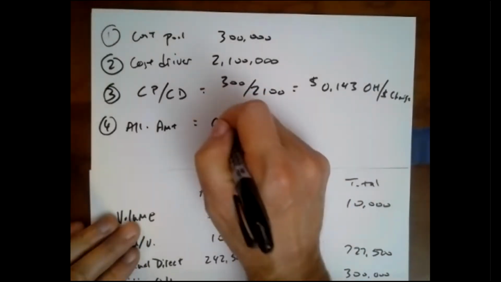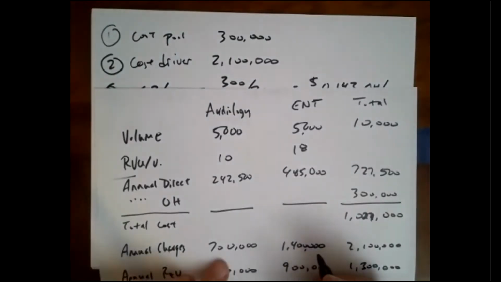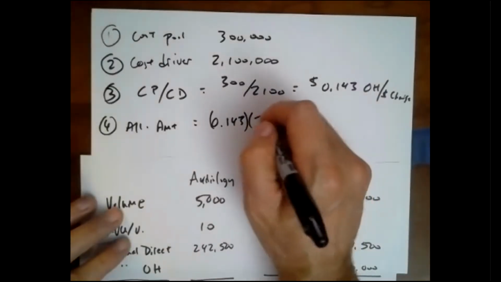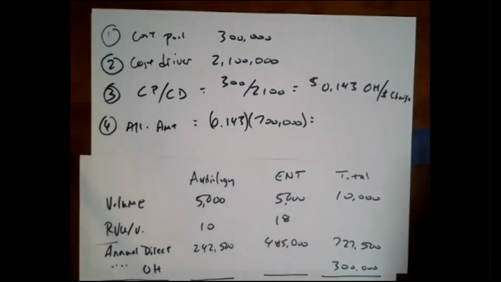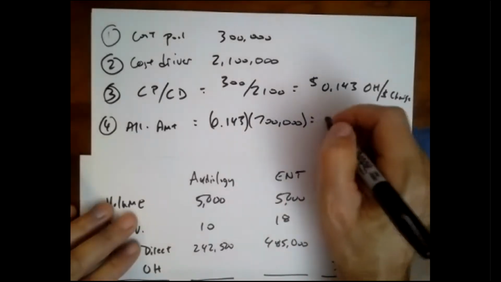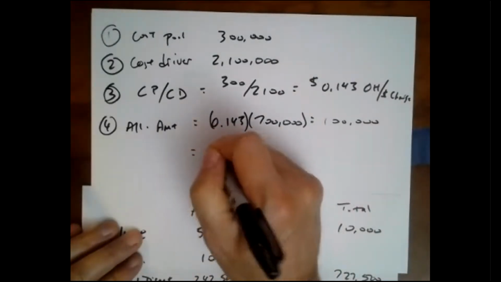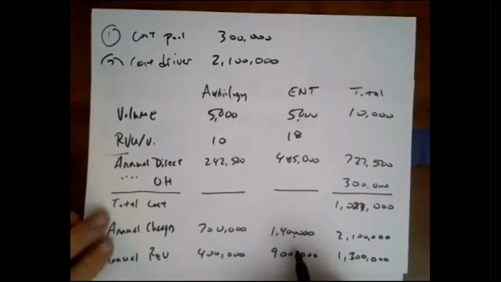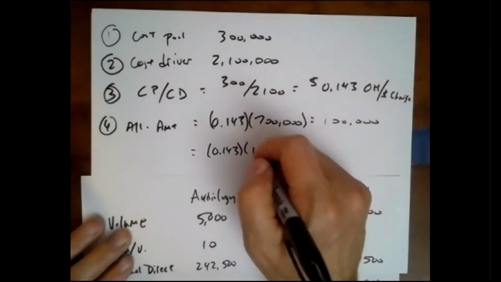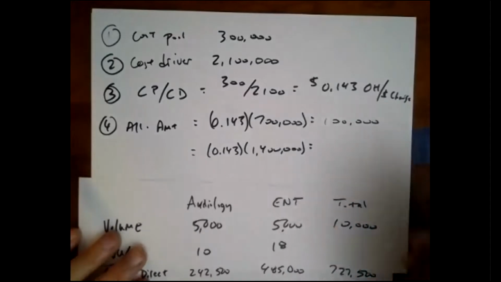So in this case, it's going to be 0.143 times 700,000 for the audiology clinic, which gives us 100,000, and 0.143 times 1.4 million for ENT gives us 200,000.